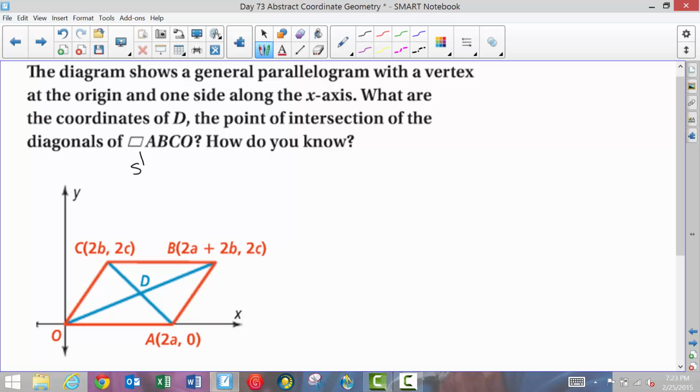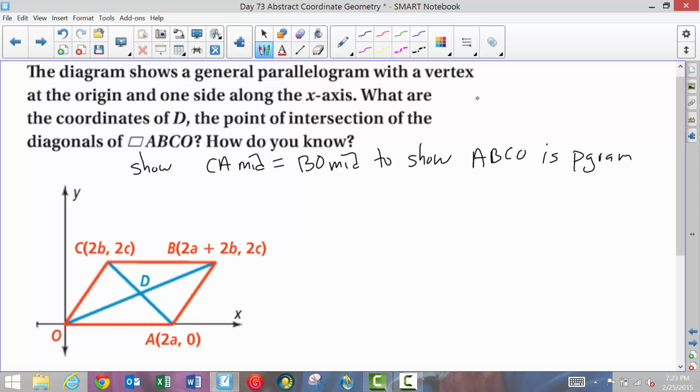So I need to show CA midpoint is equal to BO midpoint to show ABCO is a parallelogram. So remember, our midpoint formula is x1 plus x2 over 2, comma, y1 plus y2 over 2.